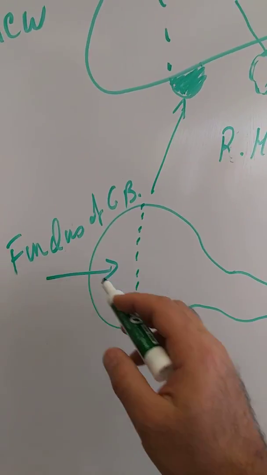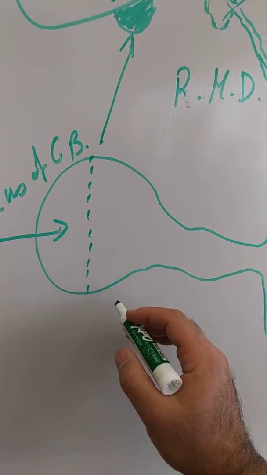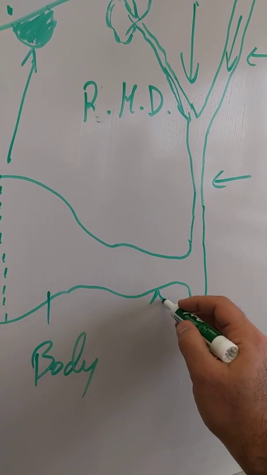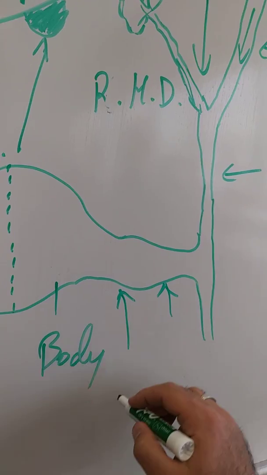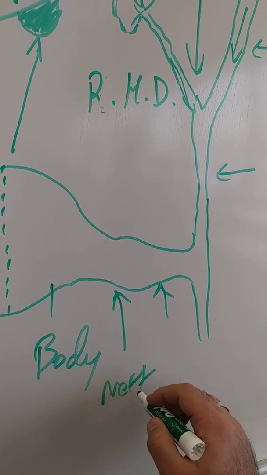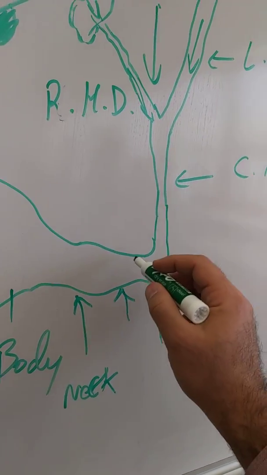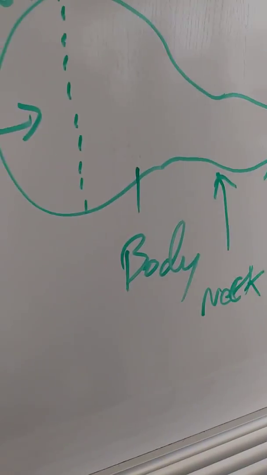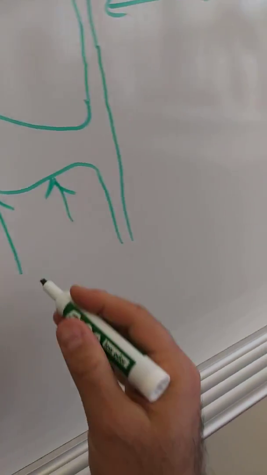Okay, now we have the fundus of the gallbladder, and then we have the body. Keep in mind that we have the neck as well right there. And last but not least, we have something that's very important, very common to know. It's called the cystic duct.